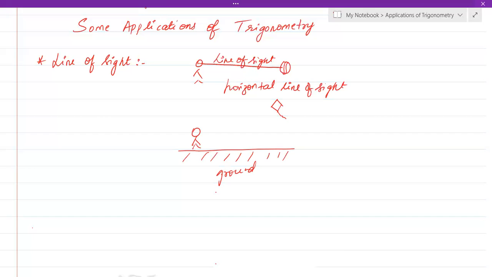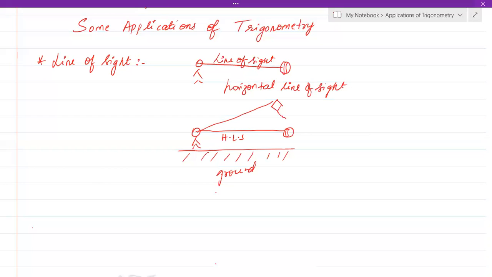Without bending his neck, he would be watching something, let's say a ball. Like this will be the horizontal line of sight, isn't it? HLS, horizontal line of sight. Now if he is watching the kite, he has to lift his neck and watch it. Without lifting his neck, he cannot watch something which is above him.